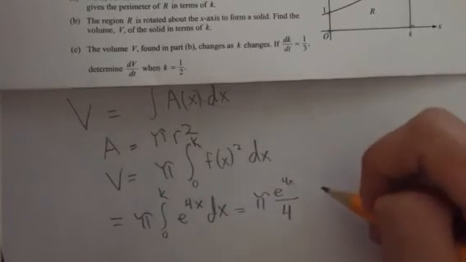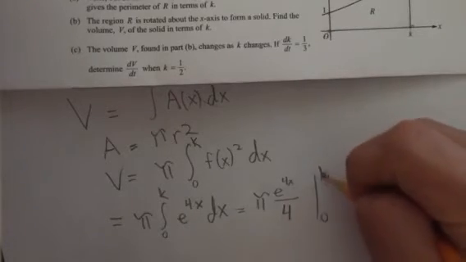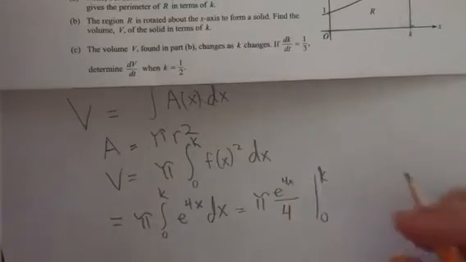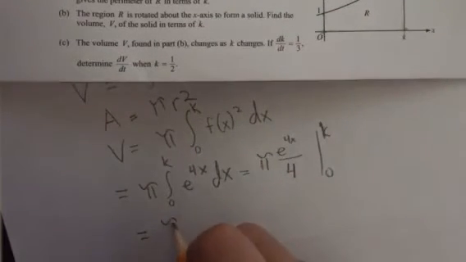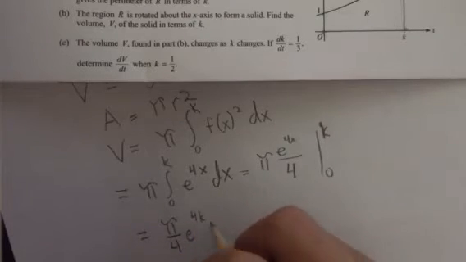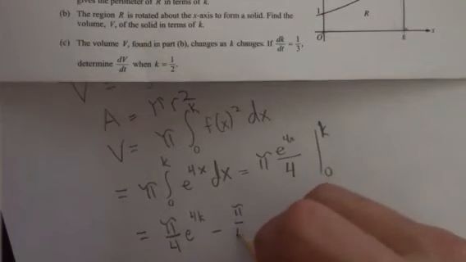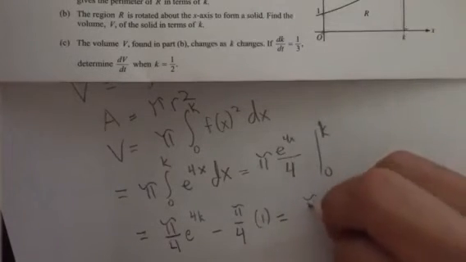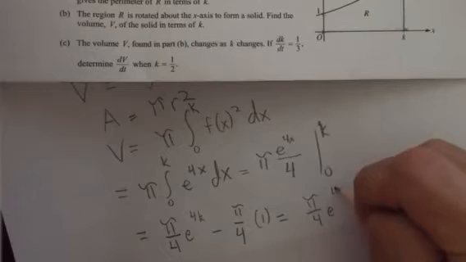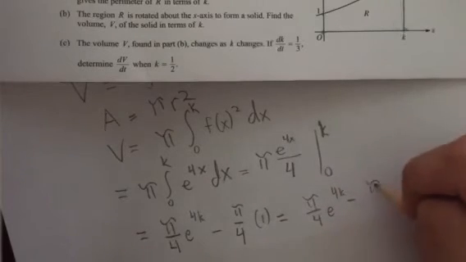And we're evaluating this from 0 to k. So plugging in k and 0, we get pi over 4 times e to the 4k minus pi over 4 times e to the 0, or just times 1. So that's our final answer, pi over 4 e to the 4k minus pi over 4.